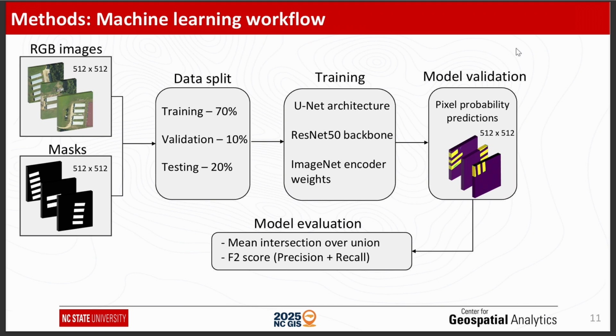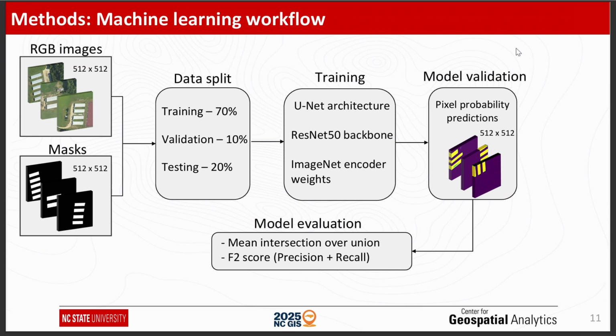But we used a ResNet encoder backbone that has been trained before on the ImageNet dataset, which is a huge dataset of different features. You include this model as a pre-learned model for different features, so it already helps the model distinguish buildings and stuff like that.